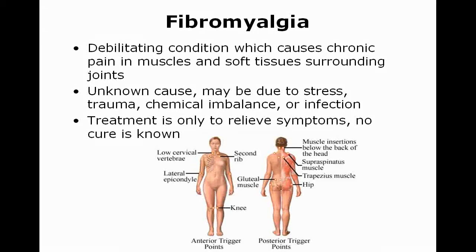The chronic pain is debilitating. It's kind of hard to diagnose also because the physician has to rule out other causes of the pain to decide if fibromyalgia is really the problem that the person is suffering from.